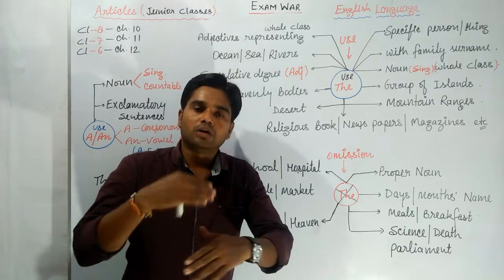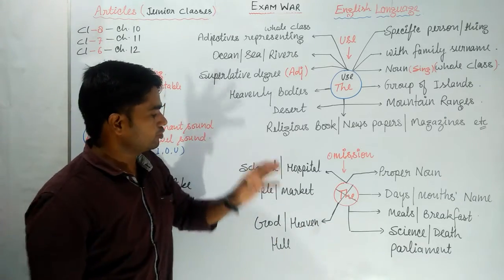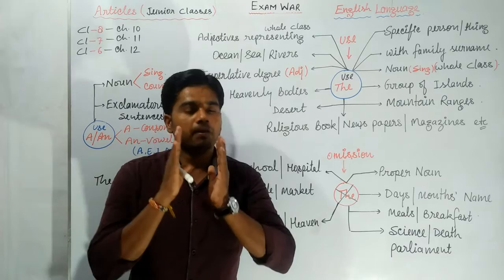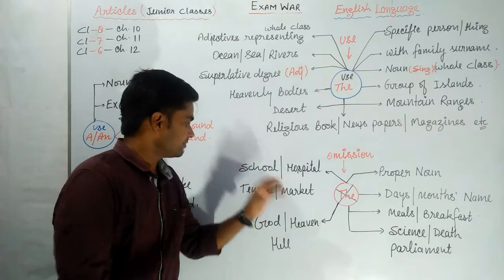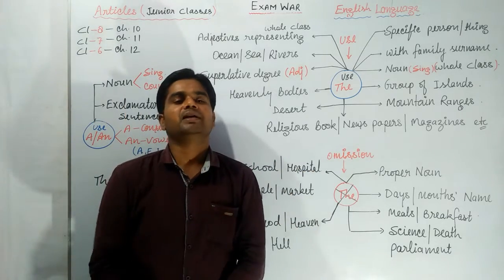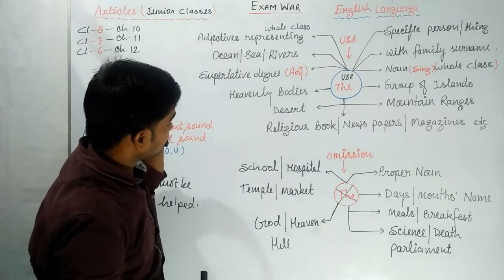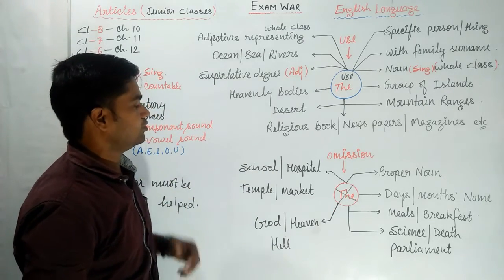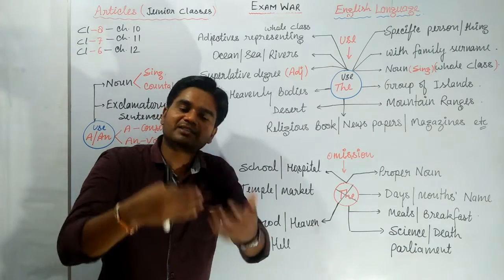If you are going to market for purchasing something or selling something, then do not use article the before market, as these are the basic uses of these places. That's why whenever these places are used in basic purpose, we do not use article the. And we use article the before these nouns when they are used in non-basic purpose, in some other uses also.